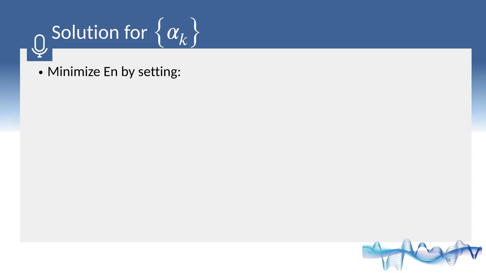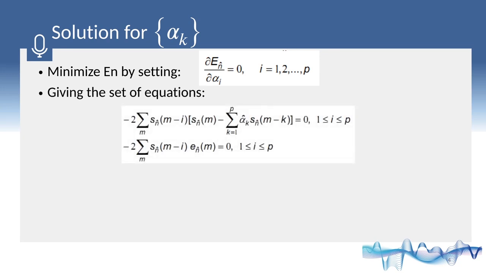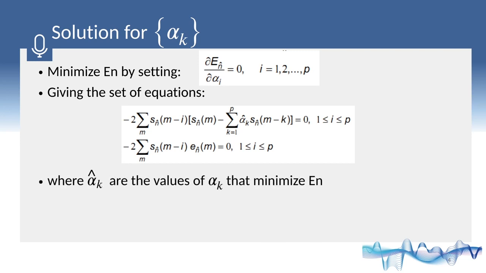We can minimize the prediction squared error E_n using the form of partial derivative. Then the set of equations can be given to compute the estimated LP coefficients, alpha hat.